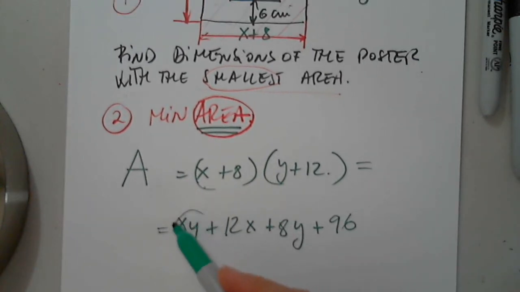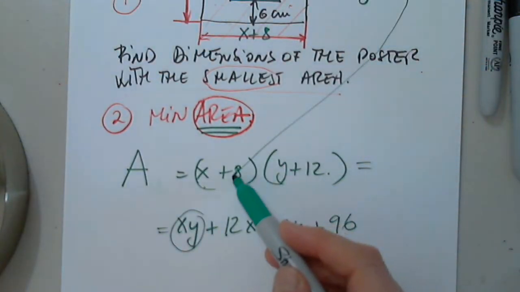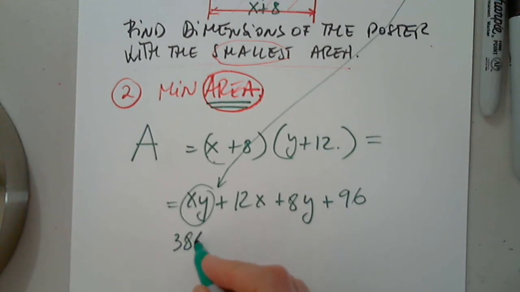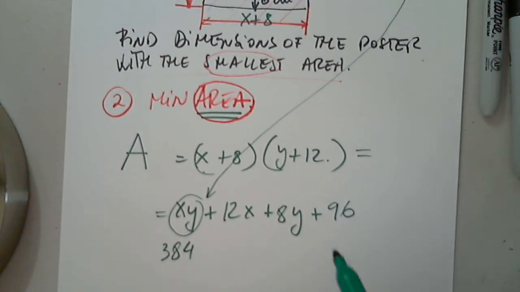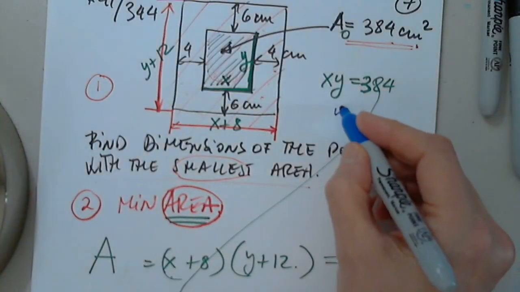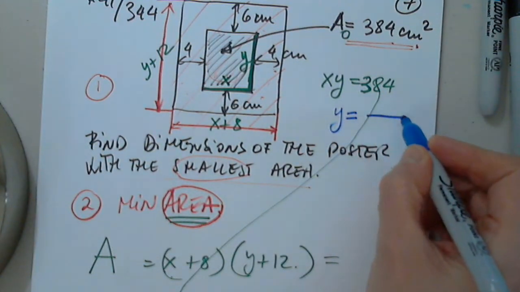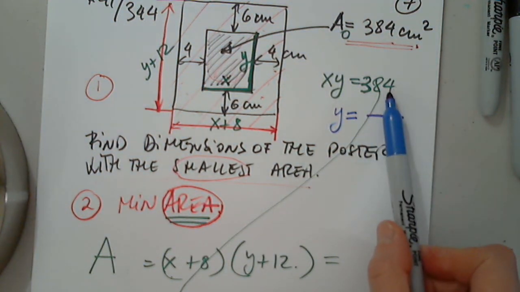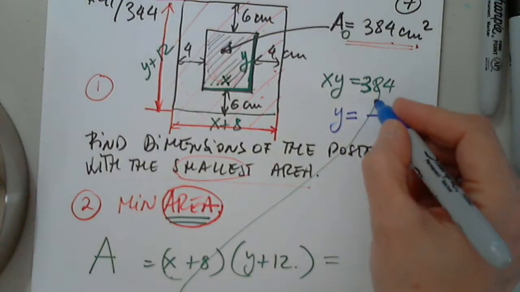So this I don't have a problem with. This is 384. But I cannot have more than 1 variable, so somehow this has to go. Is there any way of replacing that by something else from the given problem, from what we have here? 384 divided by X. Excellent, thank you very much.